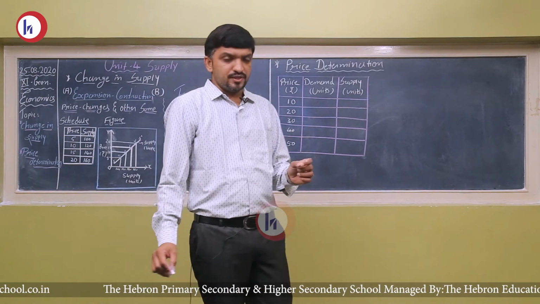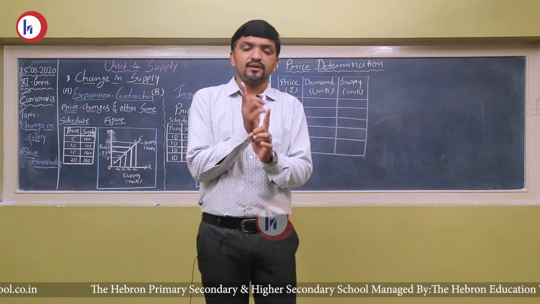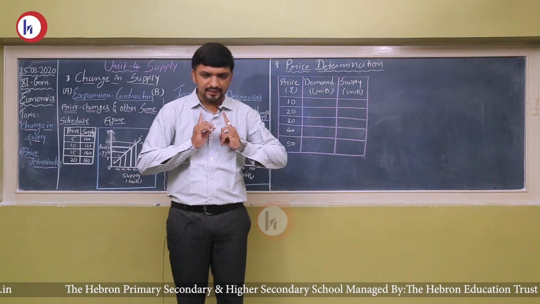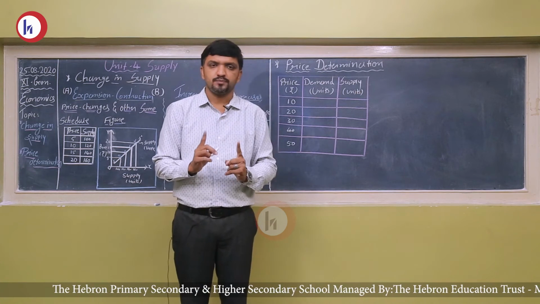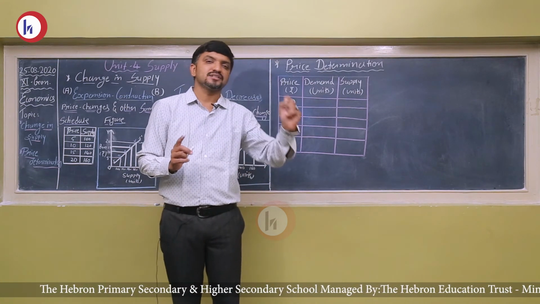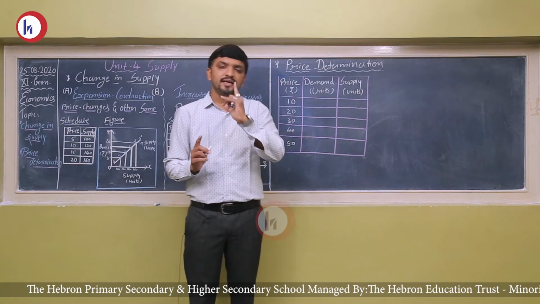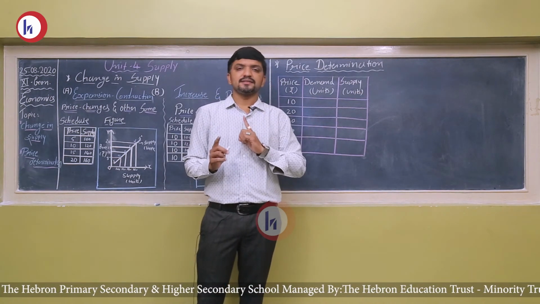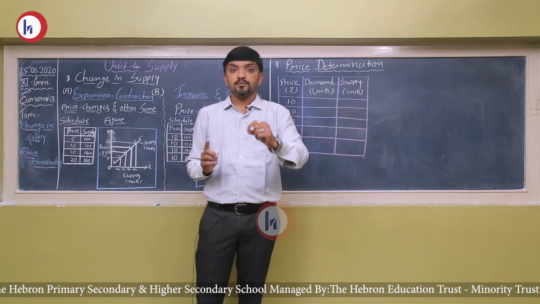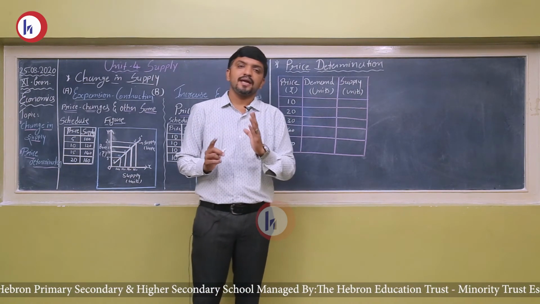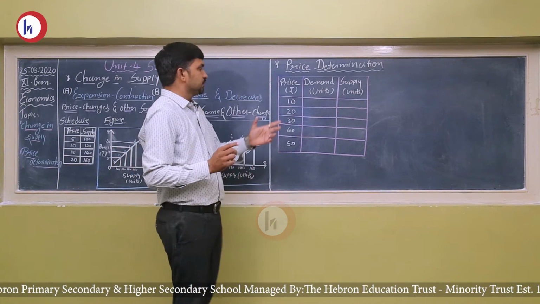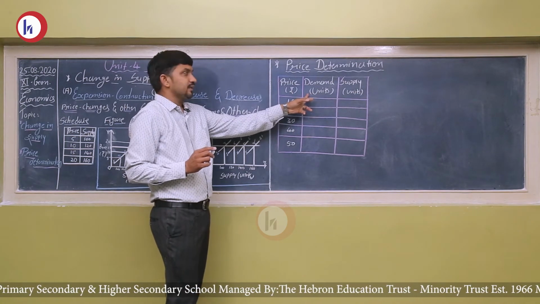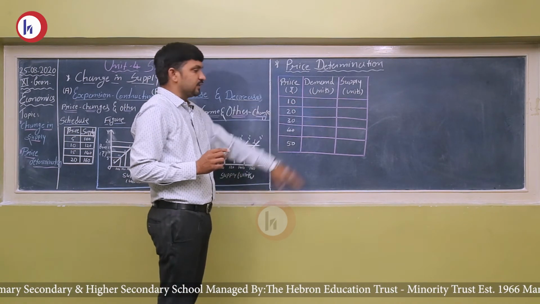Now, as we all know, there is an inverse relationship between price and demand, and there is a linear relationship between price and supply. So first of all, between price and demand, it is an inverse relationship.